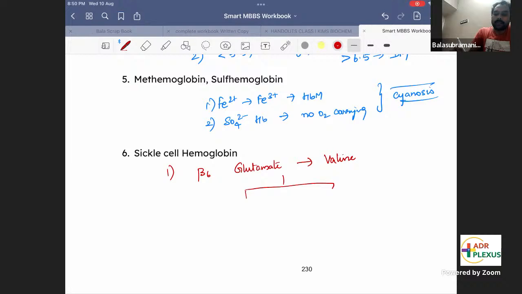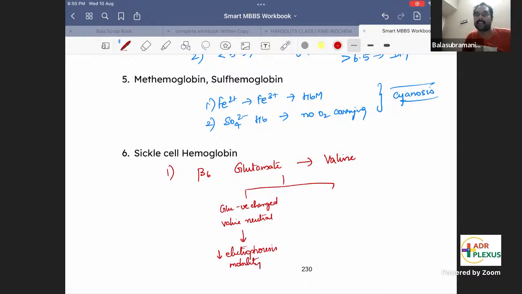One, glutamate is a negatively charged amino acid. Valine is neutral, which means the molecule loses negative charge. When it loses negative charge, it decreases the electrophoretic mobility. This is an MCQ with electrophoresis. So it does not move like adult hemoglobin, rather it moves like a much slower fraction.